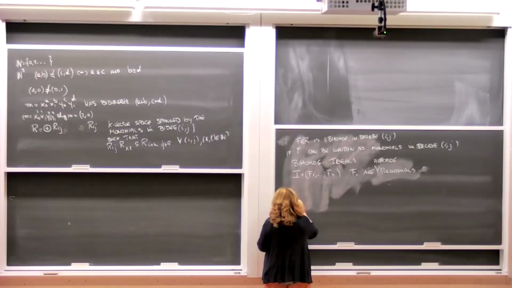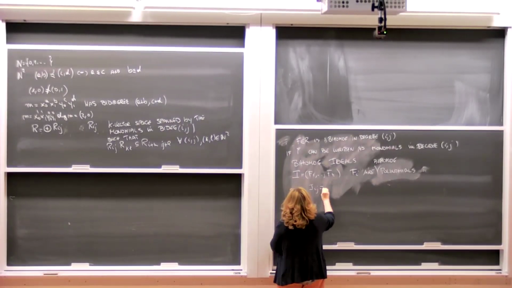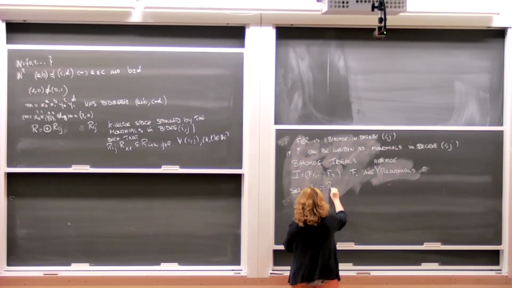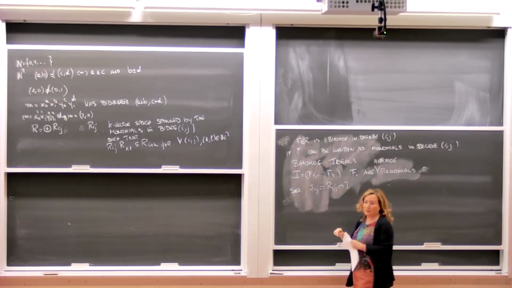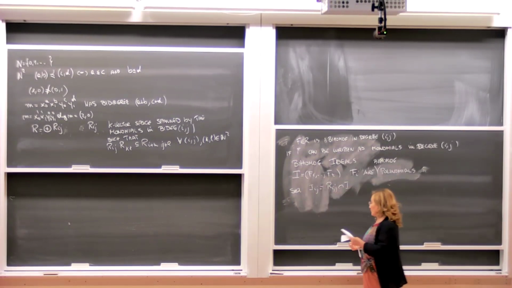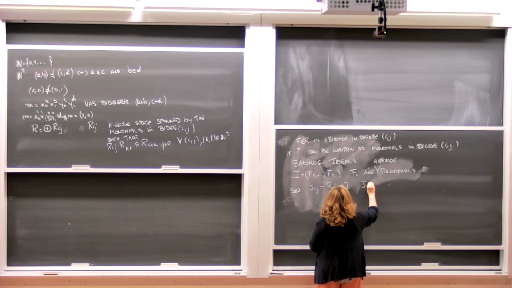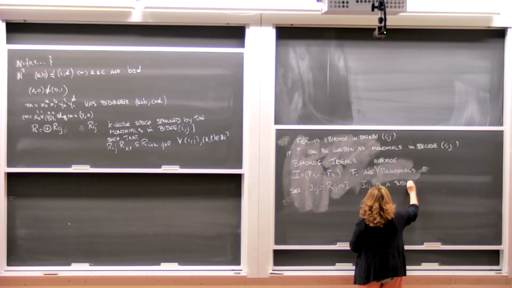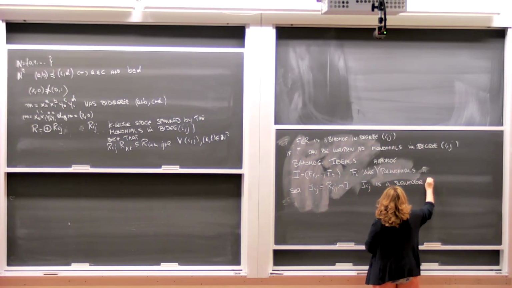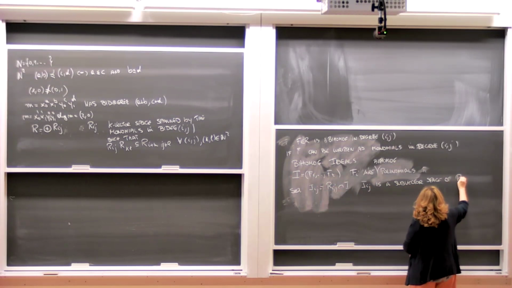So set Iij, of course, we are intersecting our vector spaces with I, okay? So we can get all the binomials, and Iij is a subvector space of Rij.